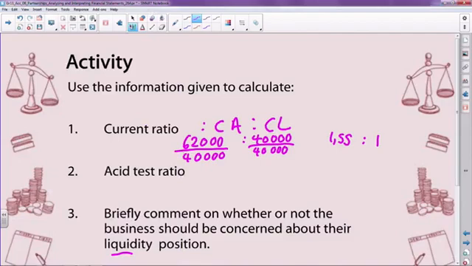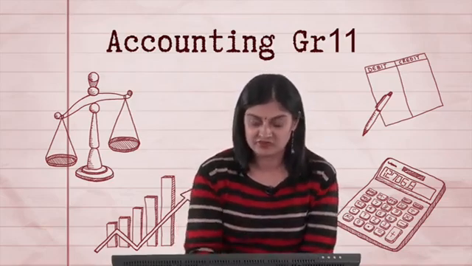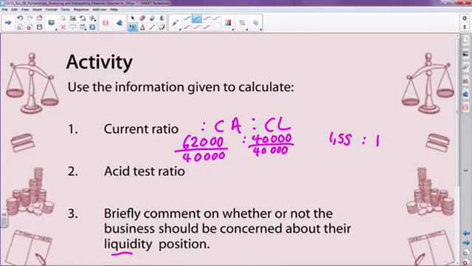Let's now look at the asset test ratio. The difference between the current ratio and the asset test ratio is that the asset test ratio still looks at your current assets, but this time without stock, without inventory. So I need to subtract my stock, and then I compare this to my current liabilities. In this case, current liabilities stays at 40,000.